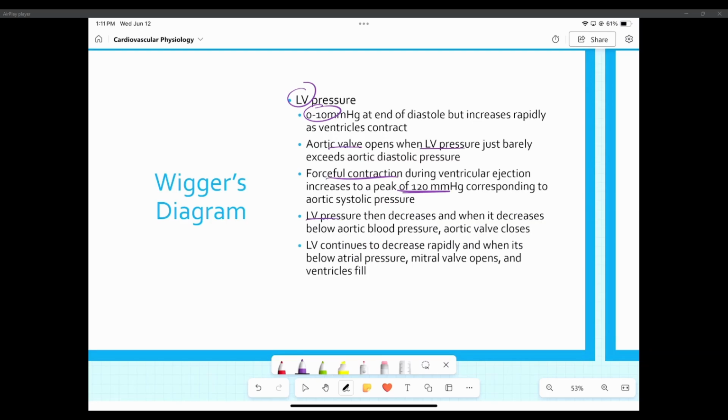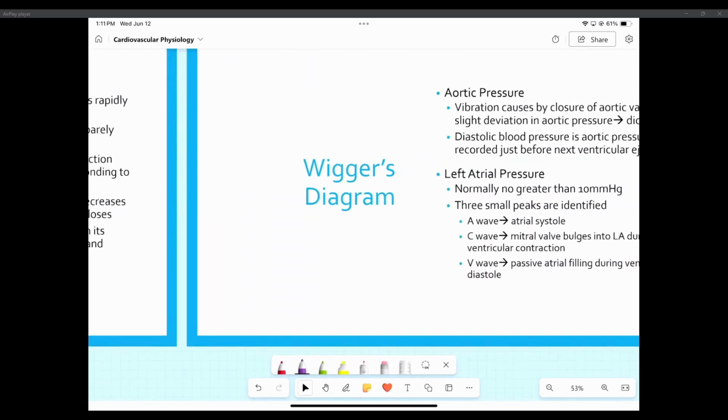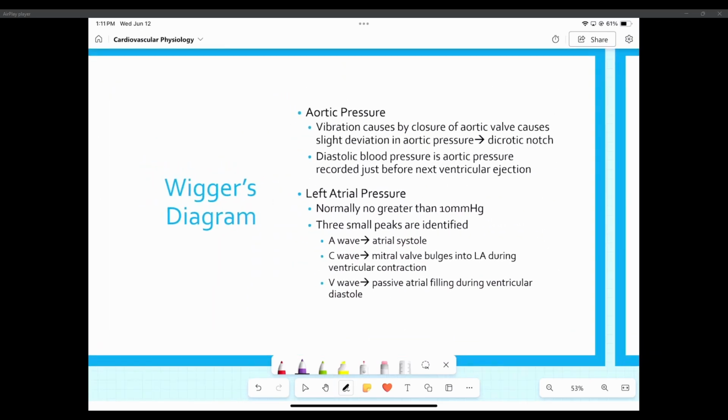Left ventricular pressure then decreases, and when it decreases below aortic blood pressure, the aortic valve closes. And then again, it keeps dropping and dropping until it's lower than the atrial pressure. Then the mitral valve opens up, and the blood goes into the ventricle. Aortic pressures. Okay, when the aortic valve closes, some of the blood, remember how the aorta is shaped?